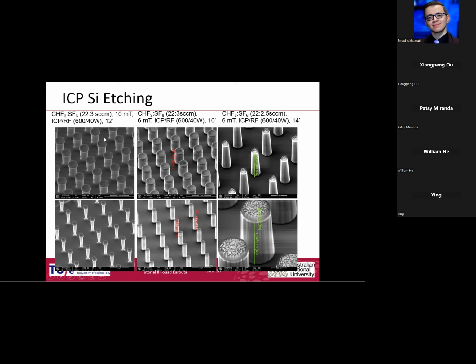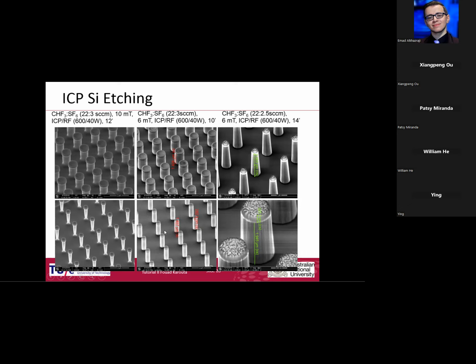Here I was trying, with all this chemistry, to find an optimum to etch the material more or less vertically. You see a small variation of the ratio of CHF3 to SF6 influences your etching a lot.